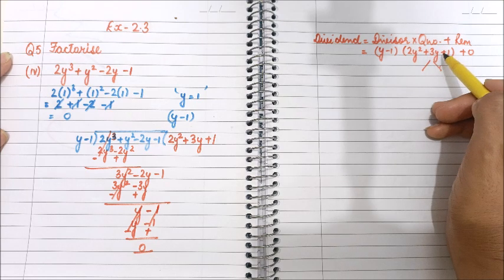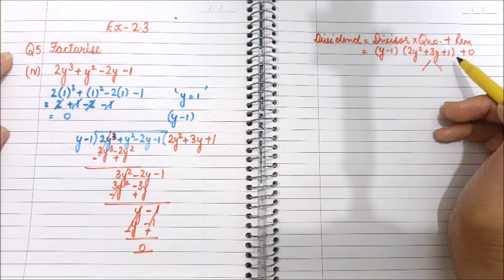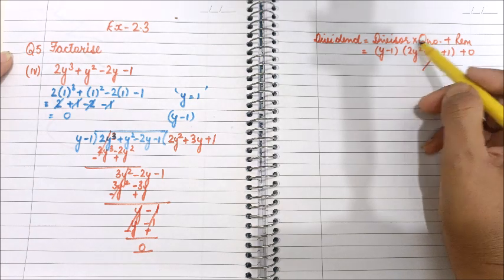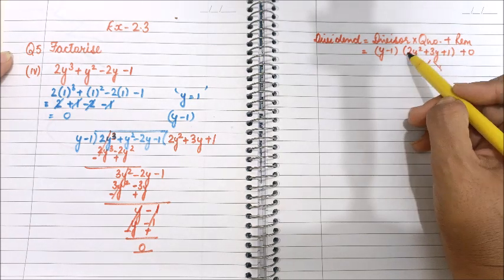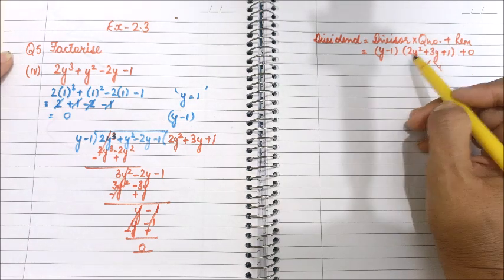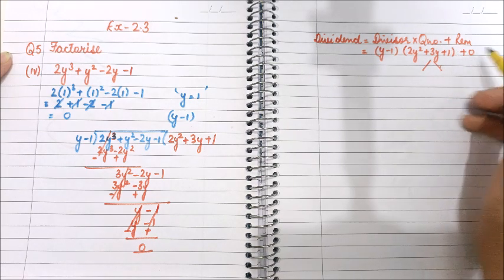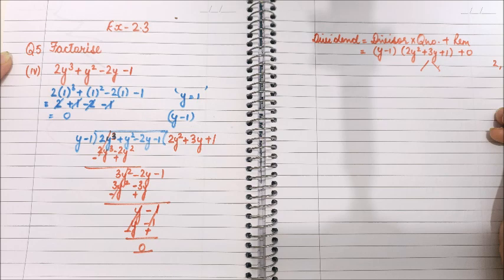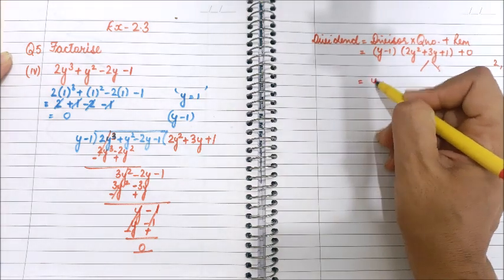I want 3y here, and I need to look for those two numbers whose addition should give me 3 and whose multiplication should give me 2, because the first and the third term multiplication is giving me 2 only. So it means I will take 2 and 1, because 2 plus 1 is 3 and 2 ones are 2. So this way I will split this.